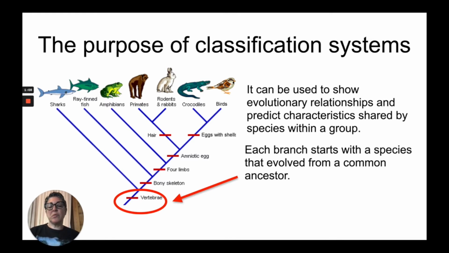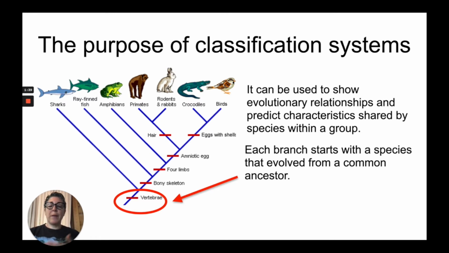As you continue to move up that right side of the diagram, the ray-finned fish will branch off, and then all the organisms from amphibians to birds share a common ancestor that had 4 limbs. And as you continue on, now the amphibians will branch off, and the primates to the birds will all share a common ancestor that all formed from an amniotic egg.